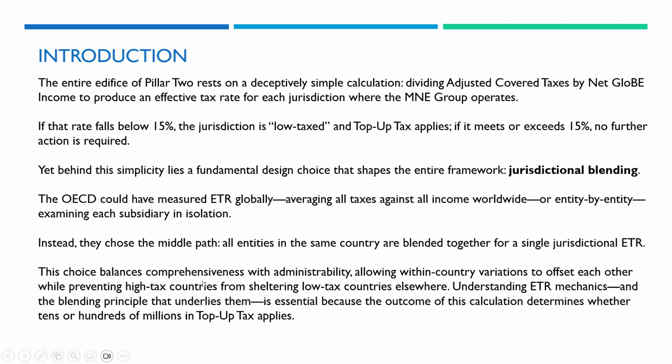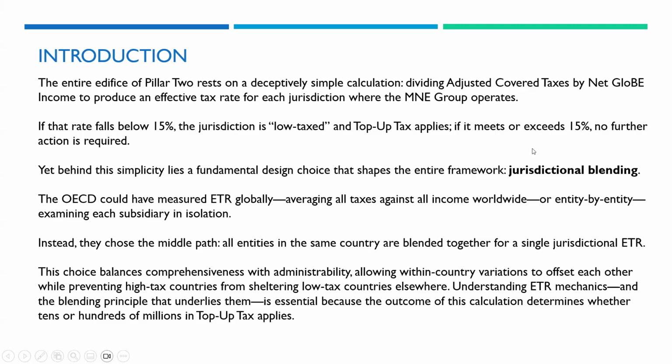The choice balances comprehensiveness with administrability, allowing within-country variations to offset each other while preventing high tax countries from sheltering low tax countries elsewhere. These are the words that should come in your answer. Are you understanding all these words now? Understanding ETR mechanics and the blending principle that underlies them is essential, because the outcome of this calculation determines whether tens or hundreds of millions in top-up taxes apply. So that is jurisdictional blending.